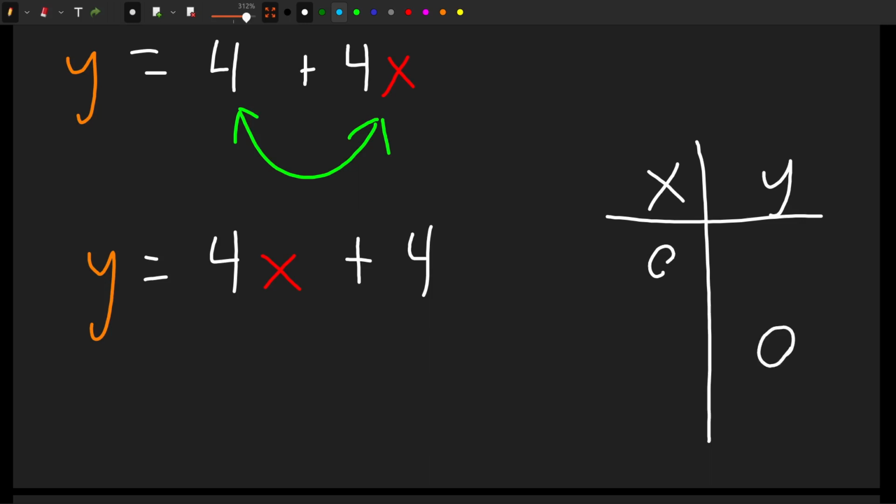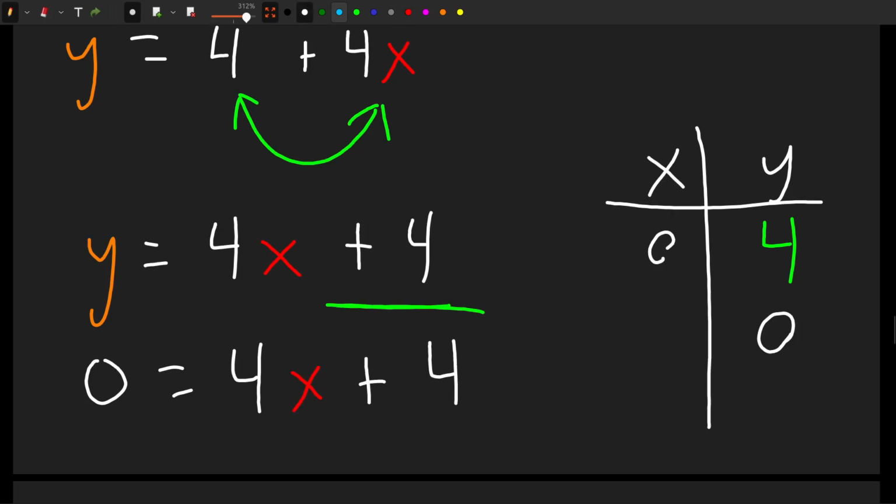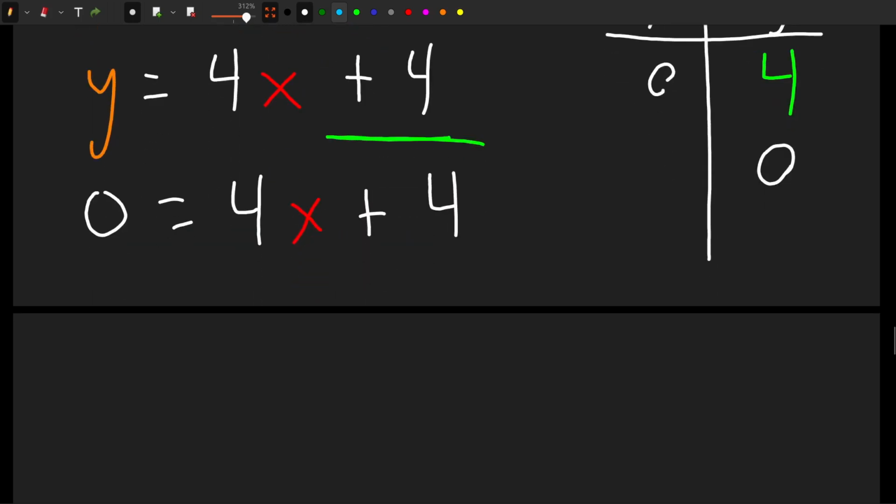For my y-intercept, from my slope-intercept equation, it's the b value, the last value, which is 4. And then for when y is equal to 0, we'll have to solve for that. So we're going to get 0 is equal to 4x plus 4. I'm going to subtract 4 from both sides.